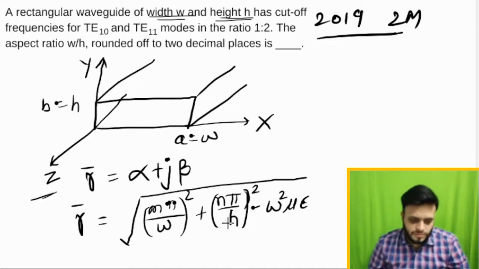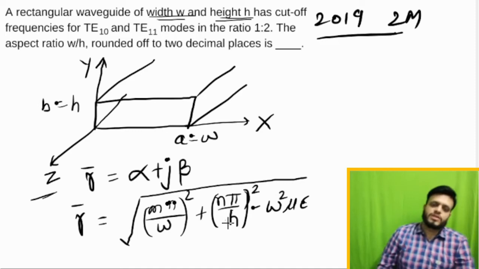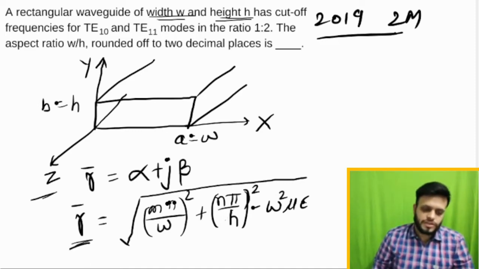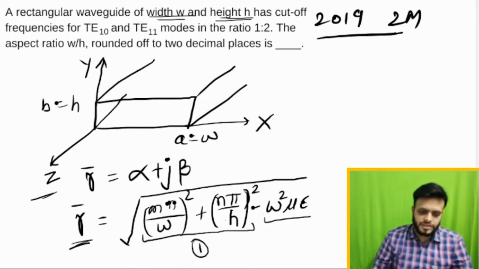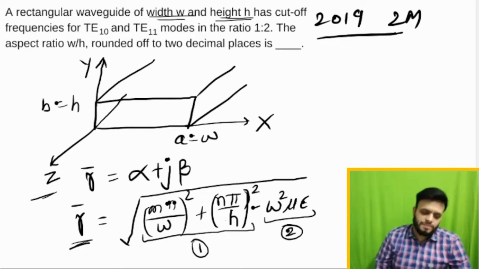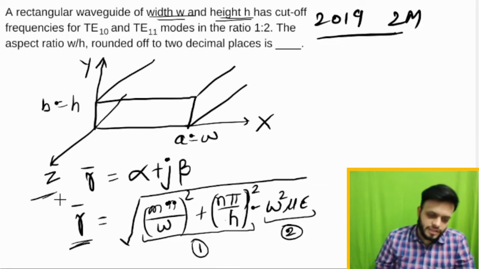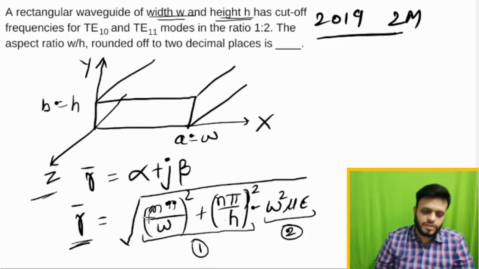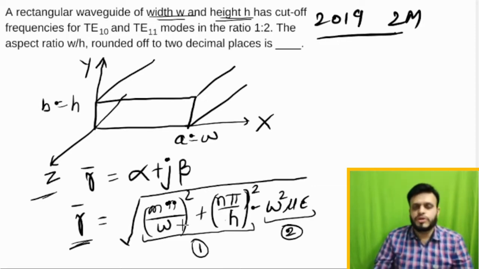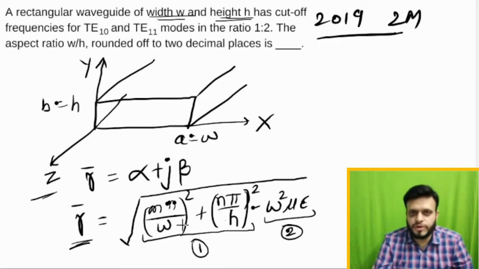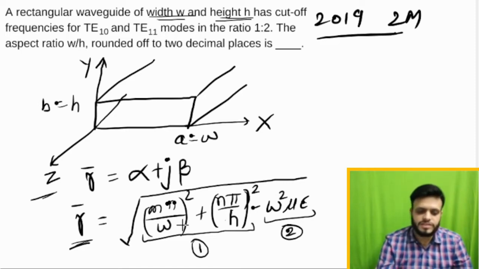Now there are two parts to this equation of the propagation constant. This is your first part and this is your second part. In the first part, m and n denote which mode of propagation you want to travel, which we generally decide and then do not change.